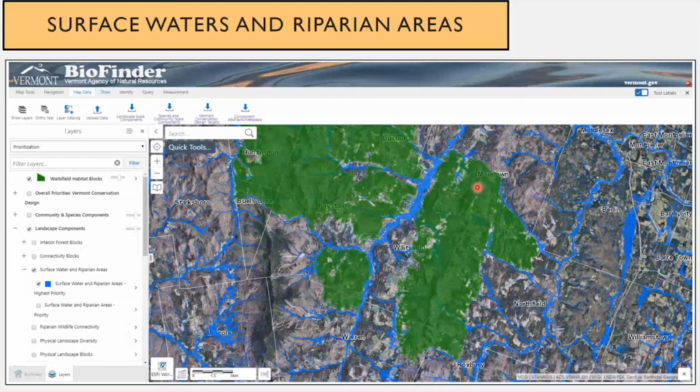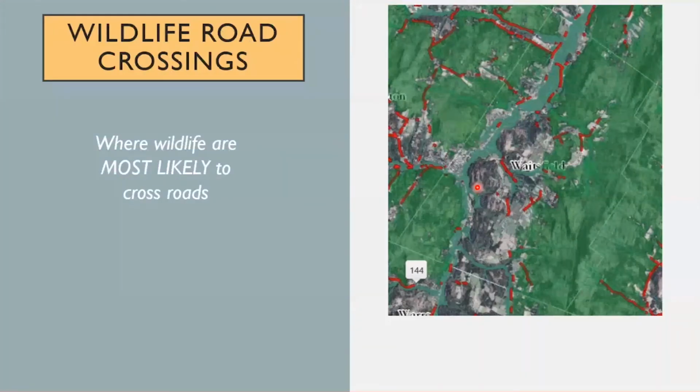So then there's one other micro connector that we talked about, and these are wildlife road crossings. Now, please know that these are the wildlife road crossings that are available on the BioFinder website. These are based on models using the structural characteristics on both sides of the road. And really by that, I mean where there are trees and wetland habitat on both sides of the road.